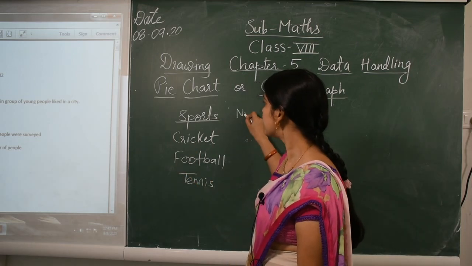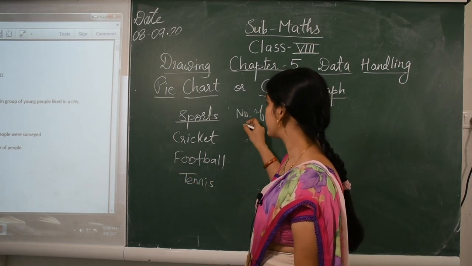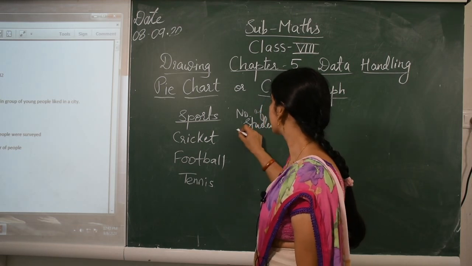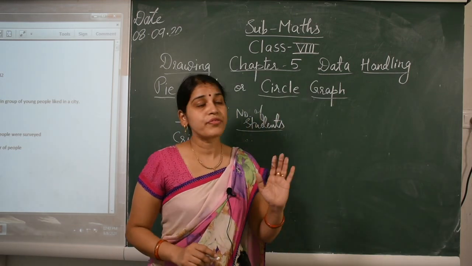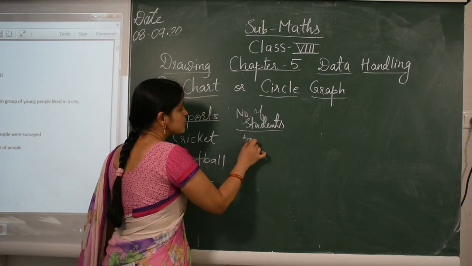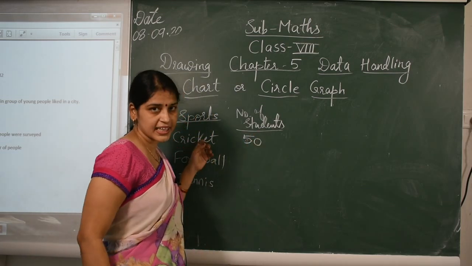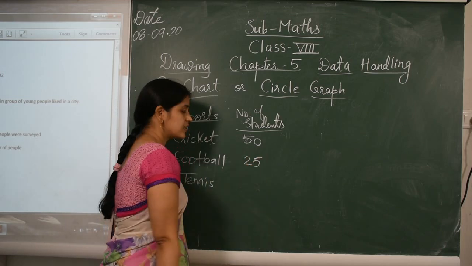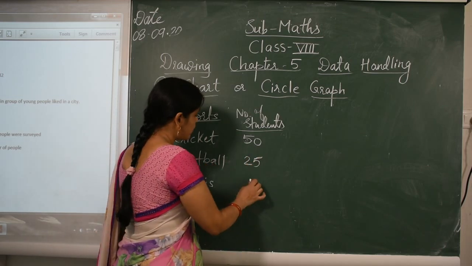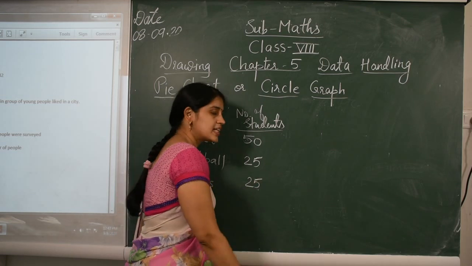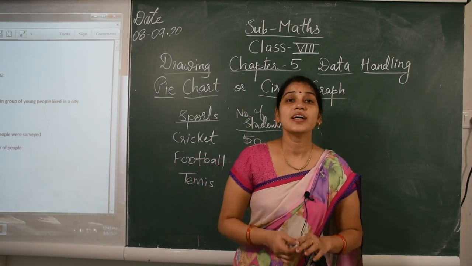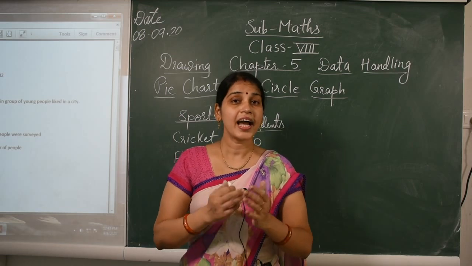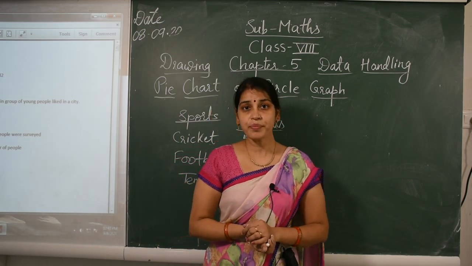So the number of students is given: 50 students like cricket, then 25 students like football and 25 students like tennis. This information is given, and you have to draw a pie chart.